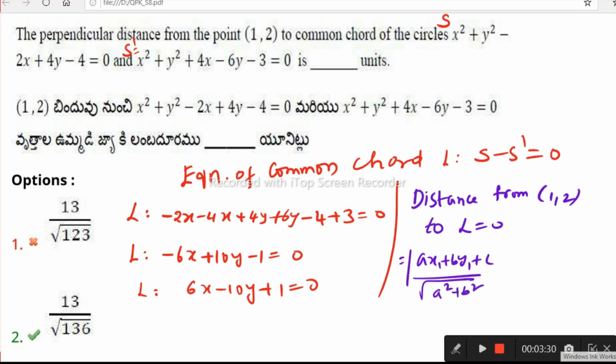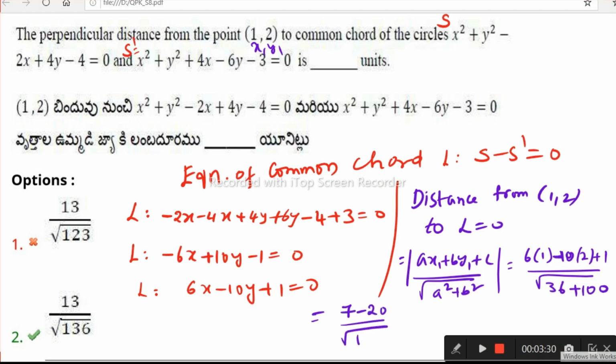Here a coefficient is 6, and x1, y1 is the given point. x1 is 1, minus 10 into y1 which is 2, plus 1, by root of 6 square 36 plus minus 10 whole square 100. This is clearly 6 plus 1, 7, minus 20, by root 136.